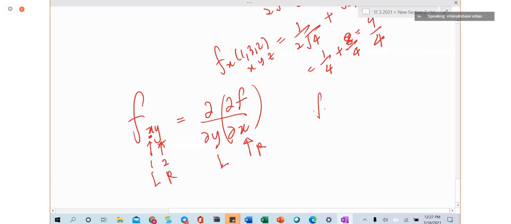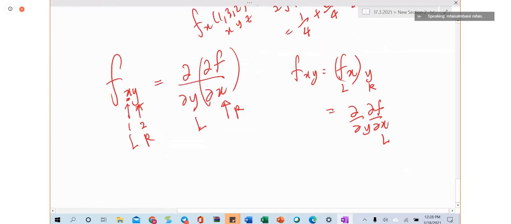Fxy means you have to differentiate with respect to x first, and then you have to differentiate with respect to y. I have to put x on the right, but here is left, right. The right one is del over del y, which means this is del squared f over del y del x.